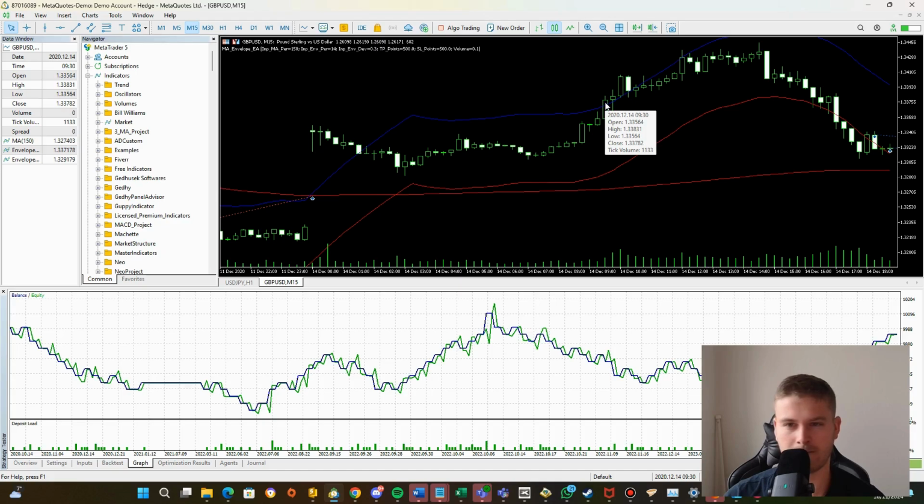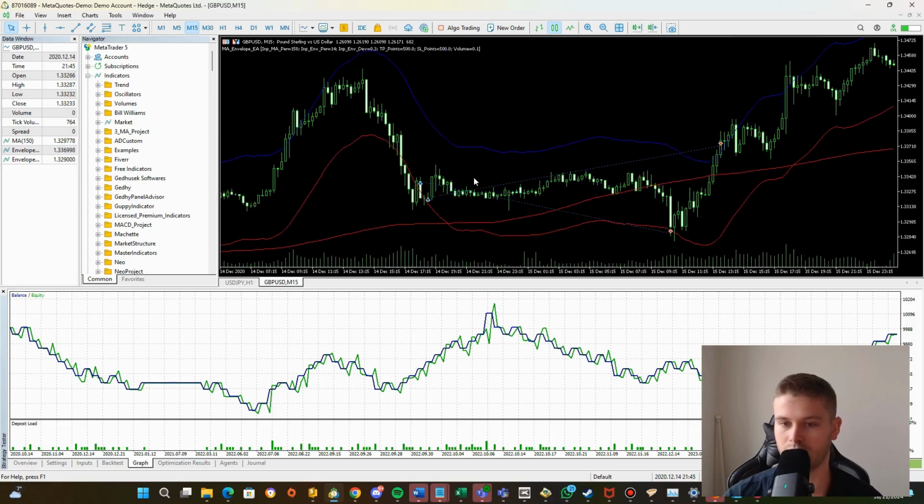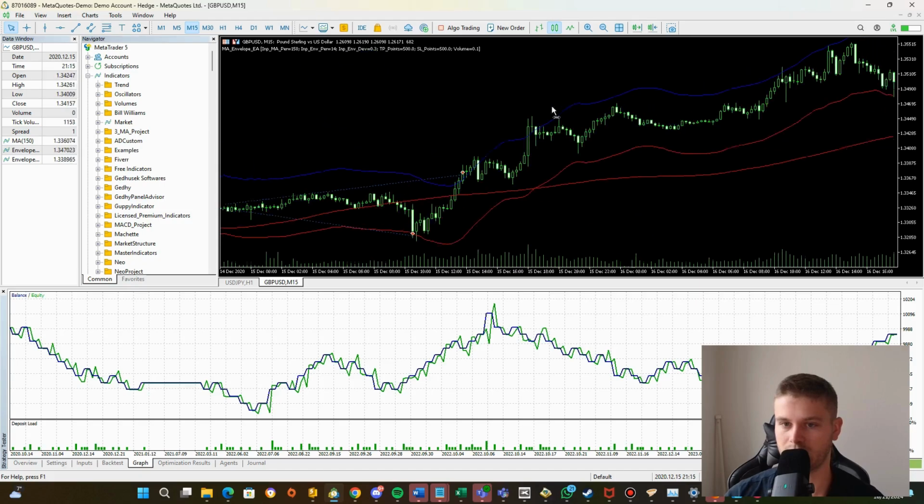And maybe it would make much more sense to trade these kinds of breakouts of the higher and lower envelope than waiting for the price to go below and then retracing back, because here we can catch the original movement, which might be more profitable and more stable.